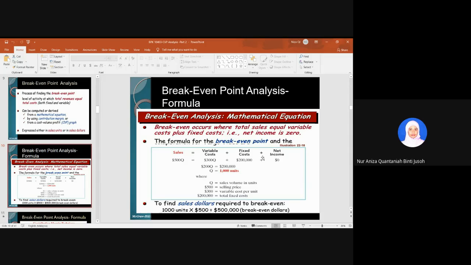At this point, because there is no income, the net income will be zero. When you minus variable cost from sales, the amount will be the same as the fixed cost, and quantity will be fixed cost divided by sales minus variable cost. So this is using the mathematical equation.